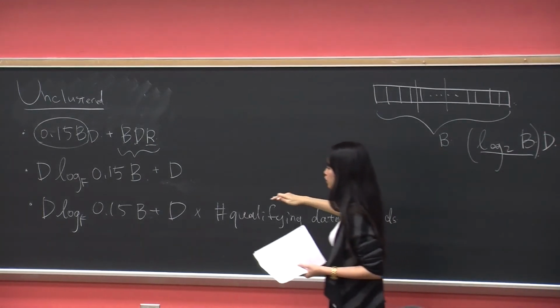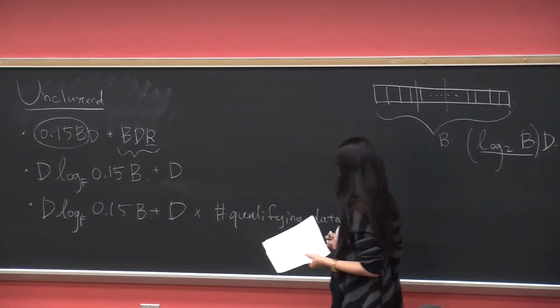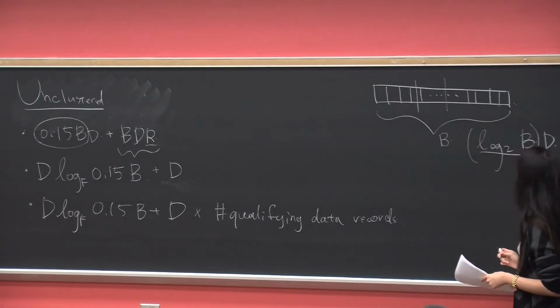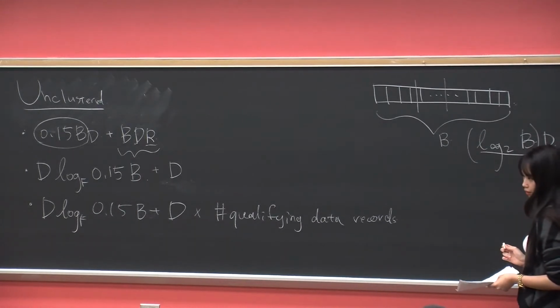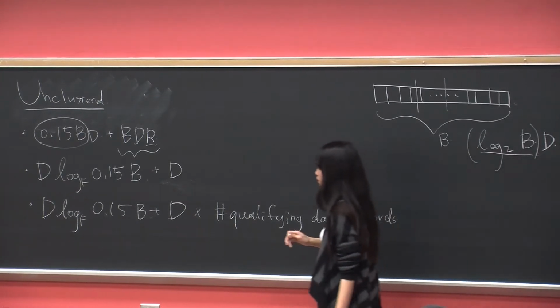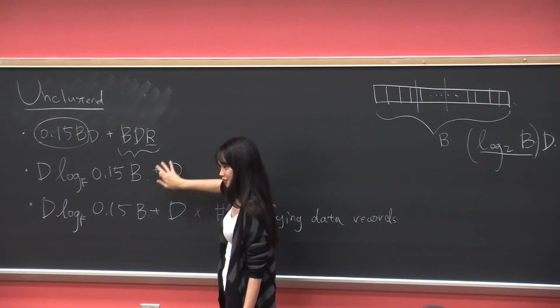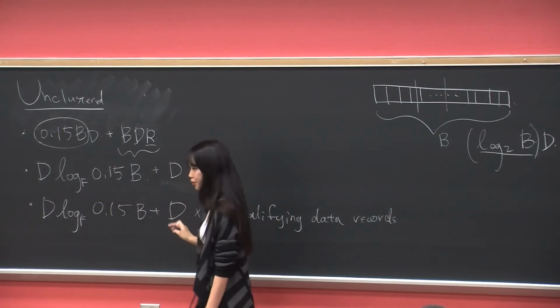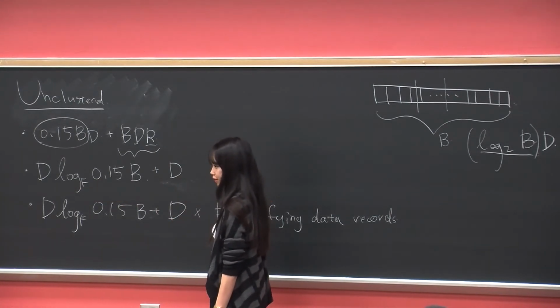So if you compare to unclustered, it's log base 2 of D times D. Do you think it's already an improvement over log base 2 of D?